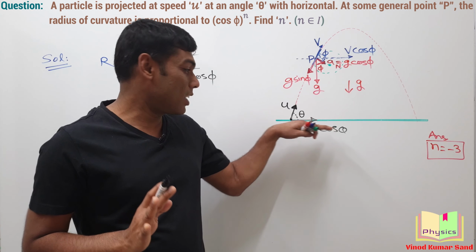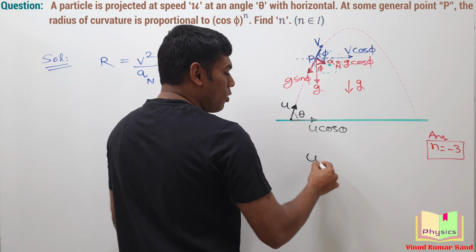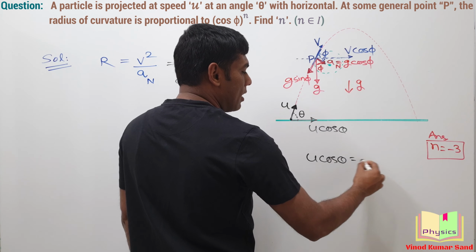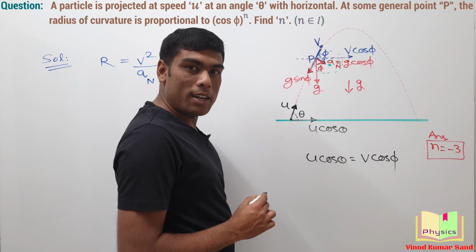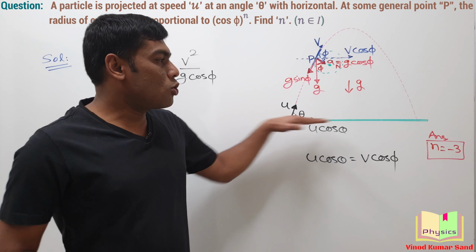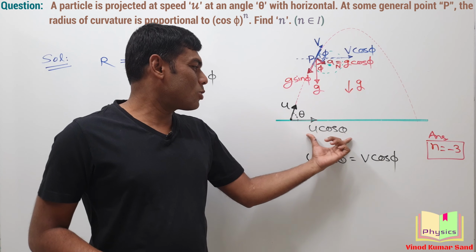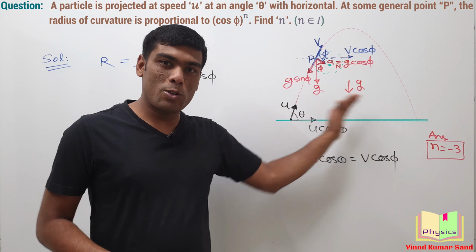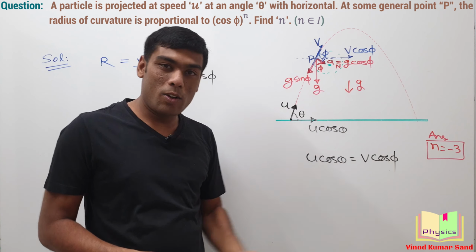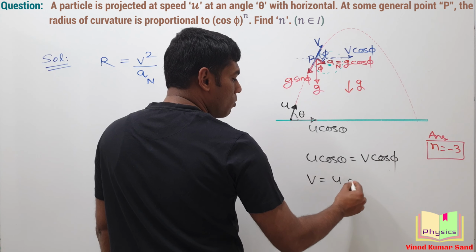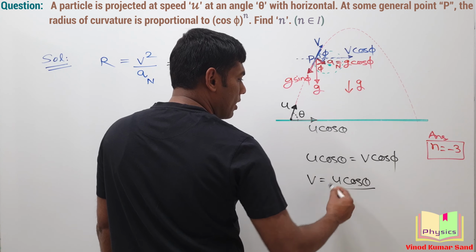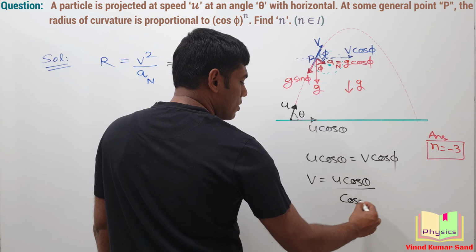It means u cos theta is equal to v cos phi. Do you agree with that? There is no acceleration in the horizontal direction, so the speed in the horizontal direction is constant. From here we can obtain the value of v. v is equal to u cos theta divided by cos phi.